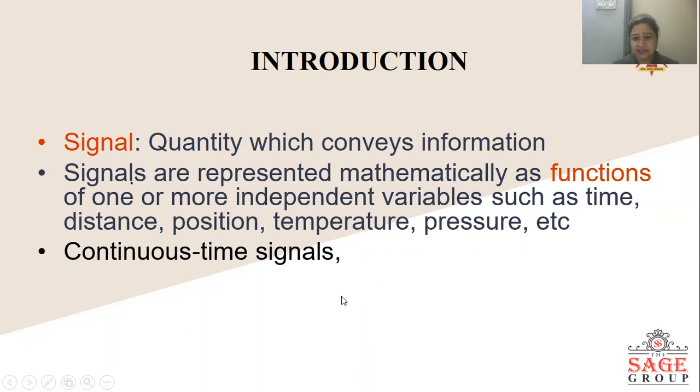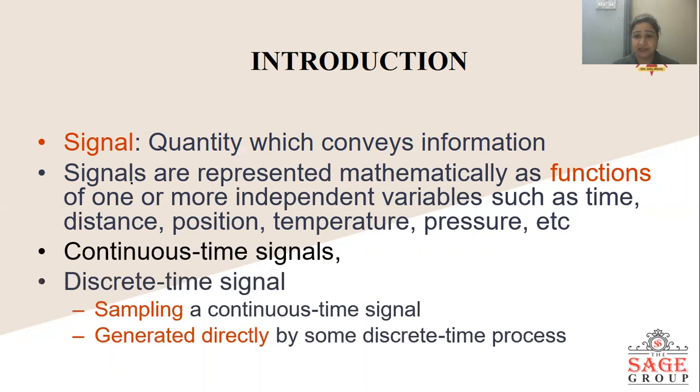Signals are of two types, continuous time signals and discrete time signals. Continuous time signals are practically signals which exist in nature, whereas discrete time signals are obtained when we sample a continuous time signal. Discrete time signals can also be generated directly by some discrete time process.